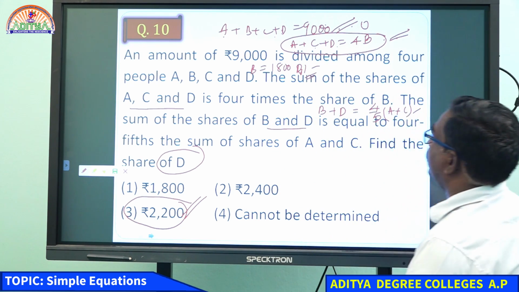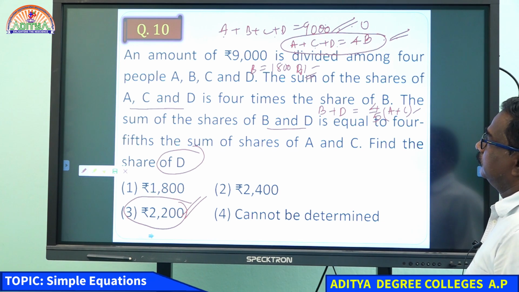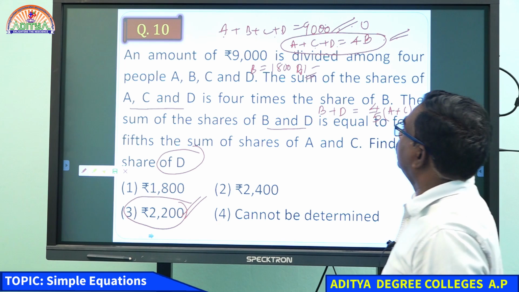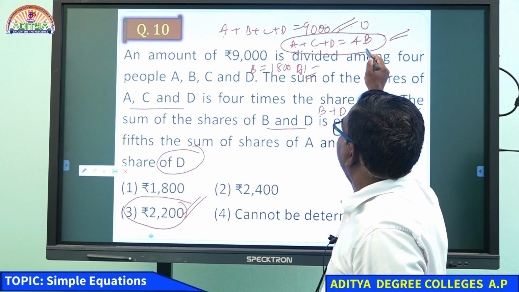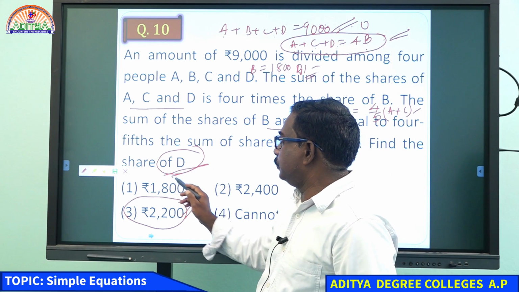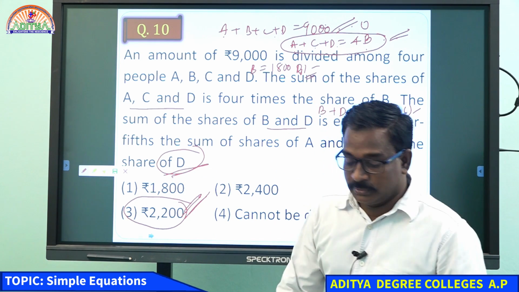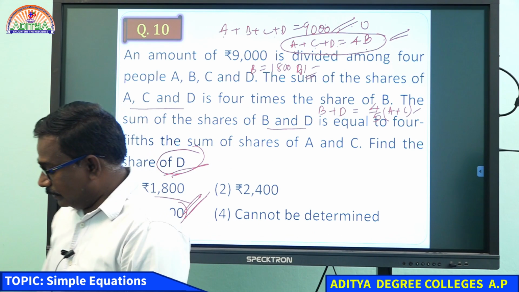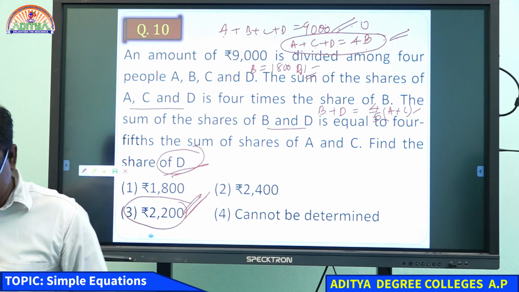Once you get B, automatically you will get D. Here you can replace B and you will get the value of D, a share of 2200. Equation solving is very easy. If this type of sums are given to you.